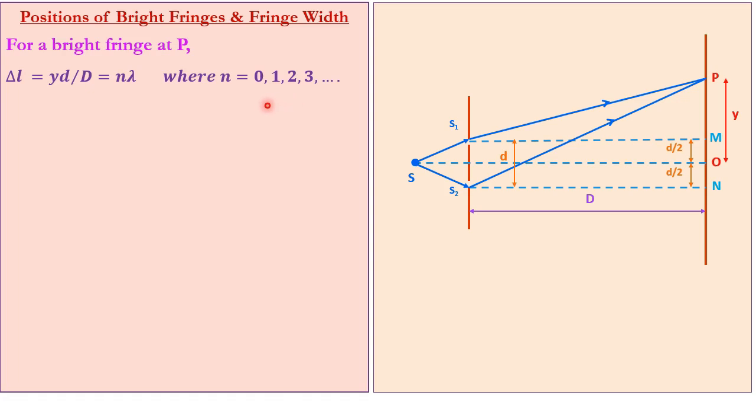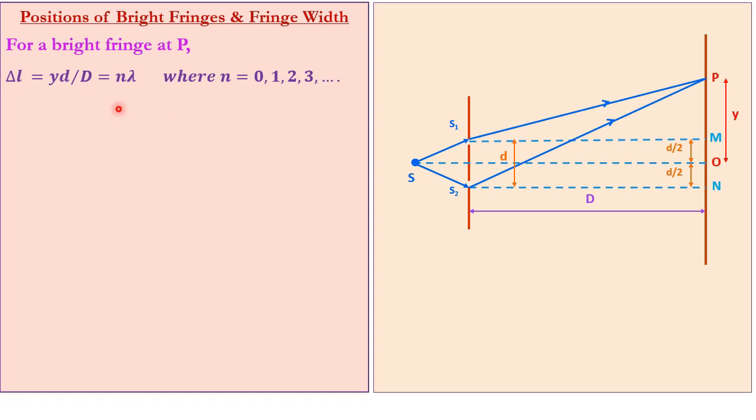And we have seen in the interference pattern that we have alternate bright and dark fringes. So for point P to be bright, the path difference must be equal to n lambda. If this condition is satisfied, we say that point P is a bright point.